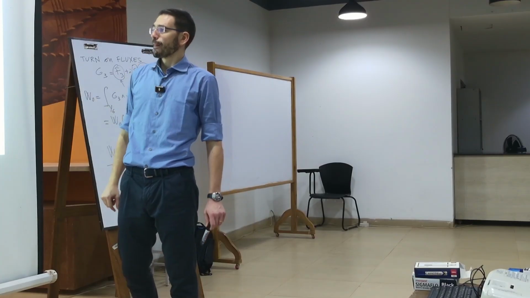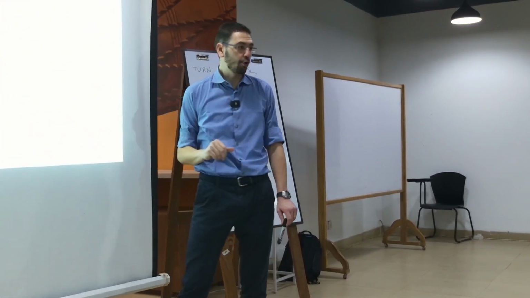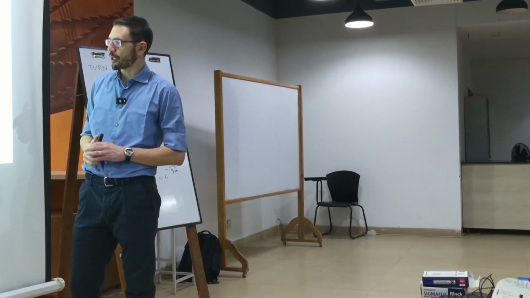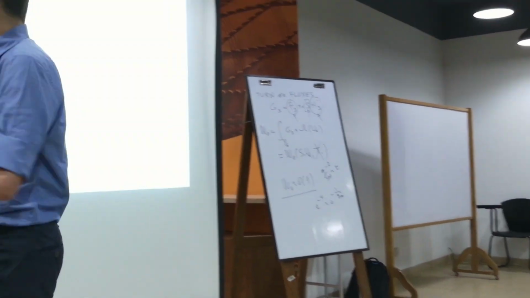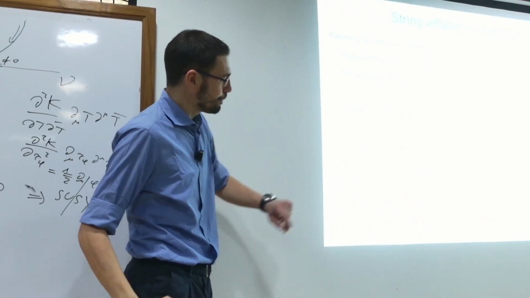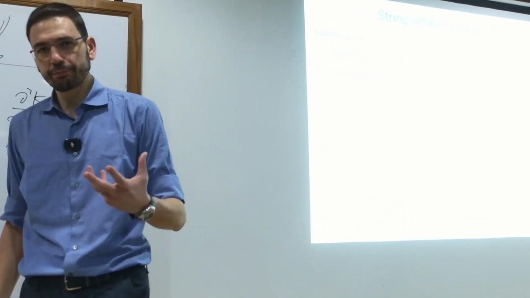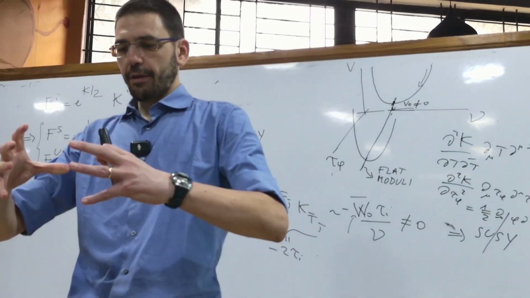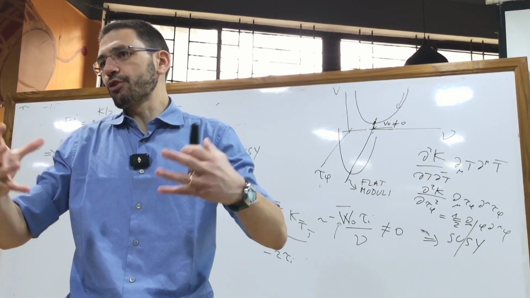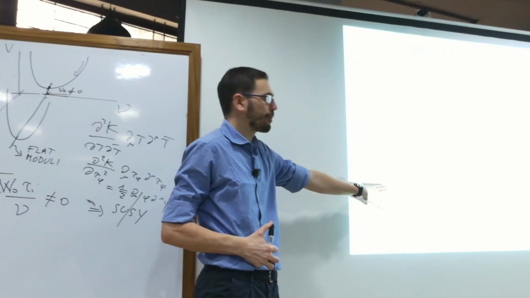On top of that, I need to write down the potential in terms of phi, so I need to do the canonical normalization to write it down as an explicit potential. This canonical normalization in general depends on two possibilities. If tau phi is a bulk modulus, bulk means that it controls the size of the extra dimensions. That's the possibility when you have some kind of fibration.